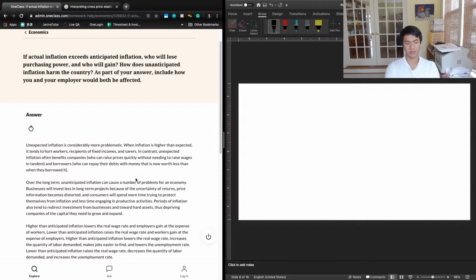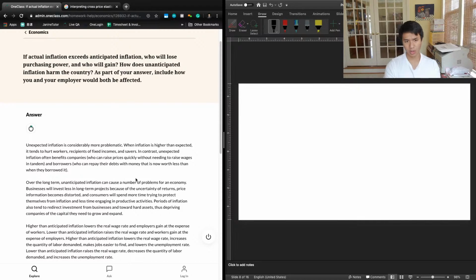Because all of a sudden with inflation, the nominal amount of debt has not changed, but the amount of purchasing power that debt buys has gone down. And so if you owe money and there's higher than anticipated inflation, then you benefit because you have less value to pay back on your debt. Those are the people who benefit.